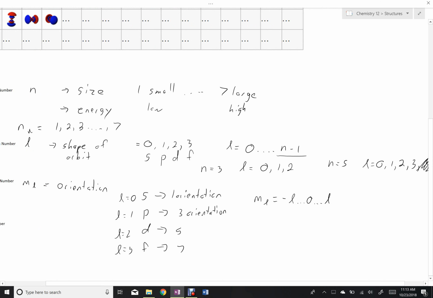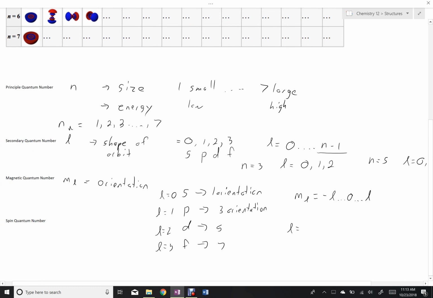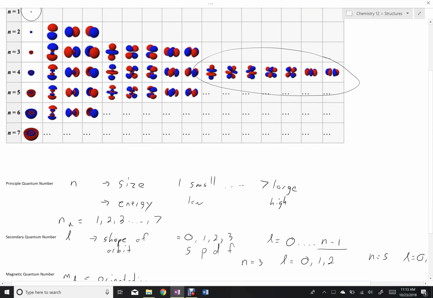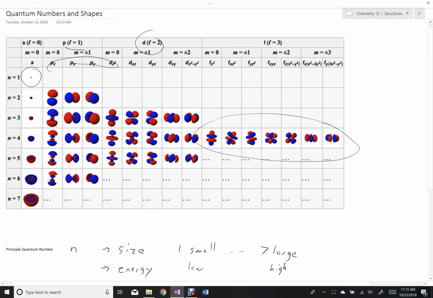So for example, if we're dealing with an orbital whose secondary quantum number is l equals 2, that orbital would have 5 possible orientations. We can see these 5 orientations as they correspond to the d orbitals: 1, 2, 3, 4, and 5.